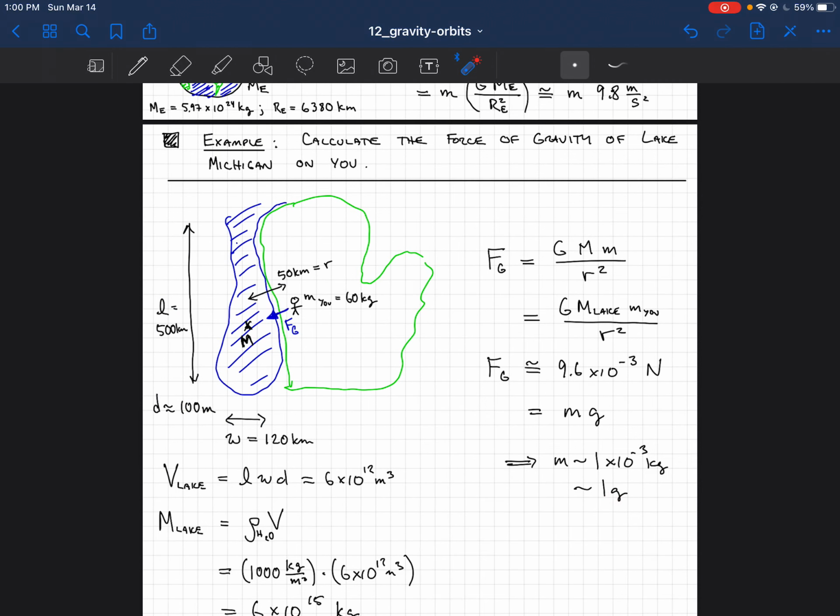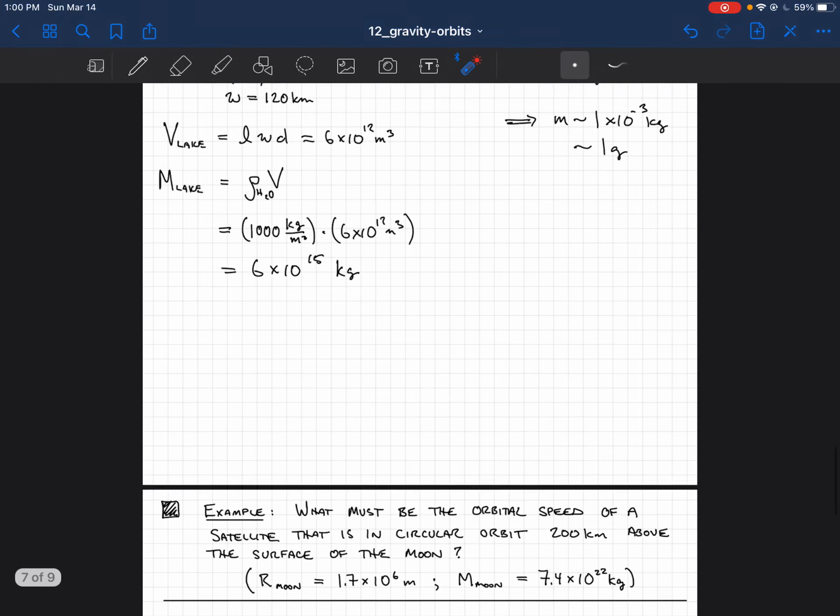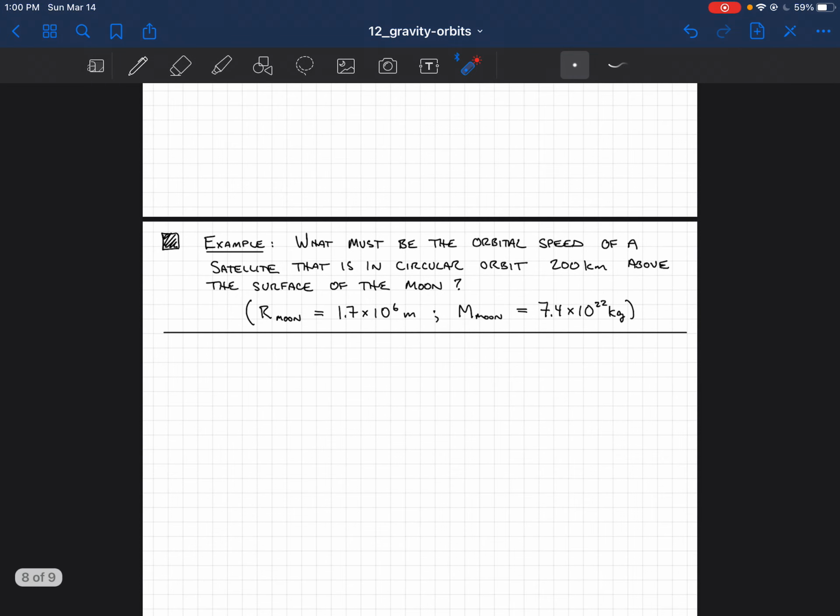So you can imagine how small the force of, for example, your neighbor sitting next to you would be on you. Because in that case, you'd have two 60-kilogram masses, and this would get much, much smaller. So this attractive force of objects is only seen when you have enormous objects pulling on each other, like the Earth pulling on you, or like a planet pulling on a moon. So we'll study some of those next.